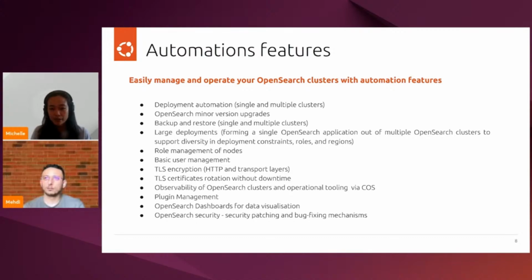And of course, the whole mechanisms to make sure that you can security patch OpenSearch or fix a bug in the code base if something happens, such as a critical vulnerability exposure. And all of these are automated. Later, Mehdi will show a couple of those samples and how things are automated, for example the deployment of OpenSearch.